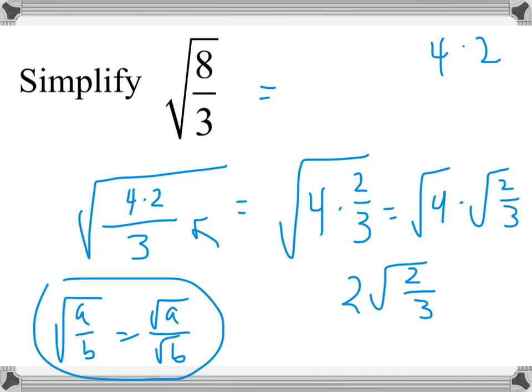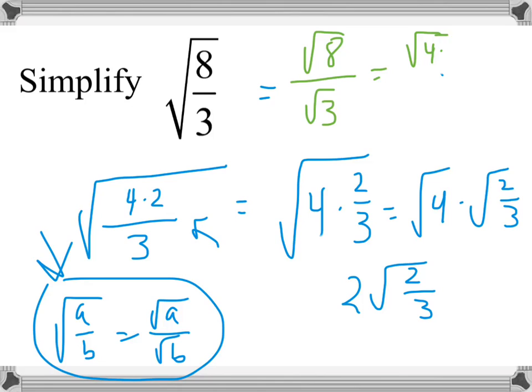I could have used this property right here. Let me just show a different way of simplifying. Again, there are many different ways to simplify. I could have put them under their own square roots like that. Then what I could have done on the top is break that down into the square root of 4 and the square root of 2, and I still have the square root of 3 on the bottom.